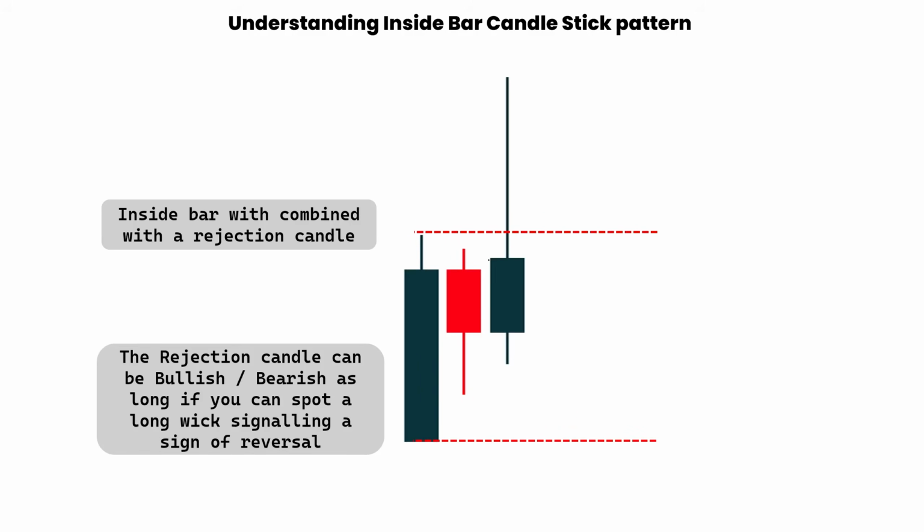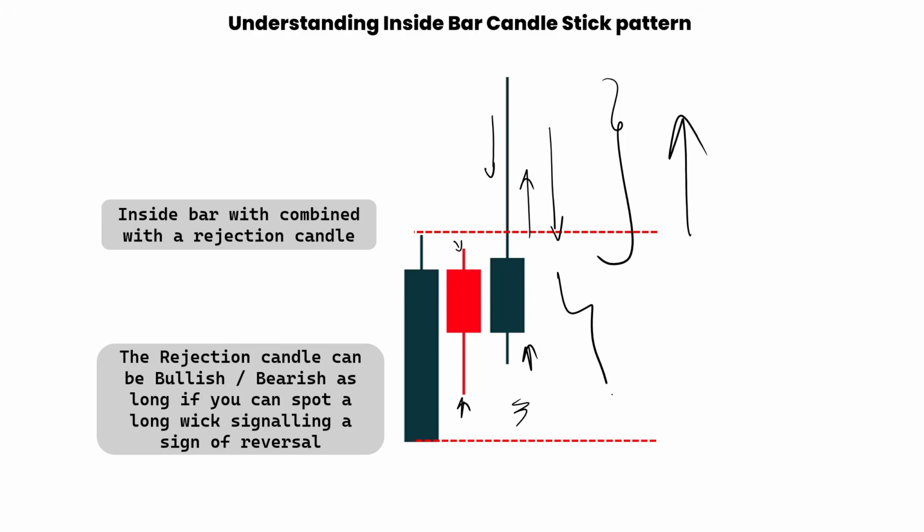We can clearly see that after this inside bar, the market broke to the upside and eventually came down to this area. So this is our bearish rejection, even though this candlestick is still bullish. But based on this wick, it shows that the market was rejected from pushing to the upside.